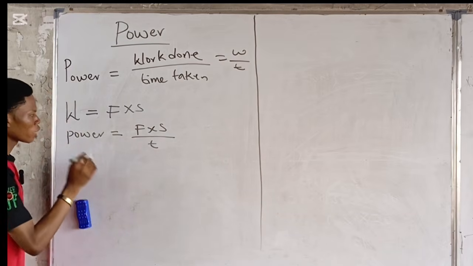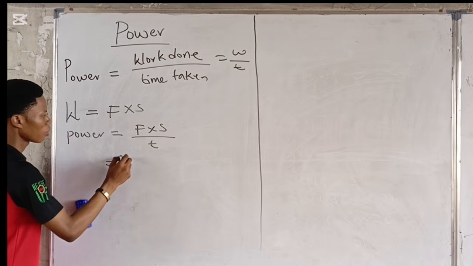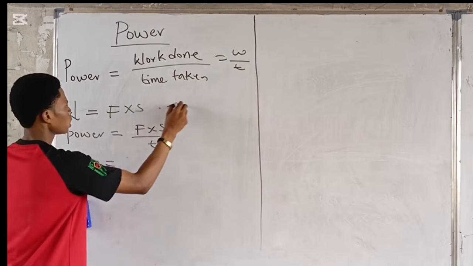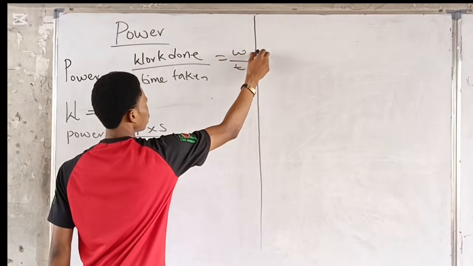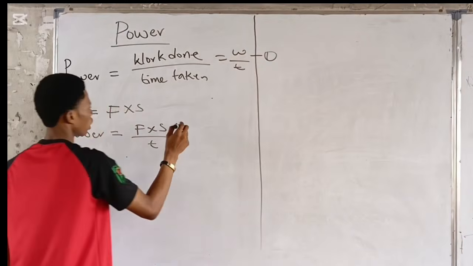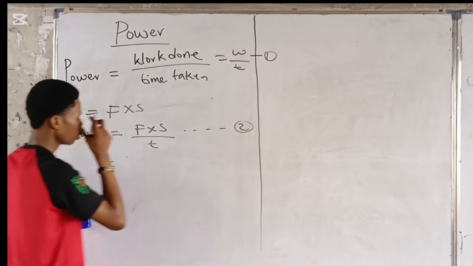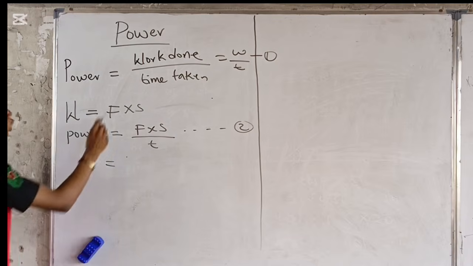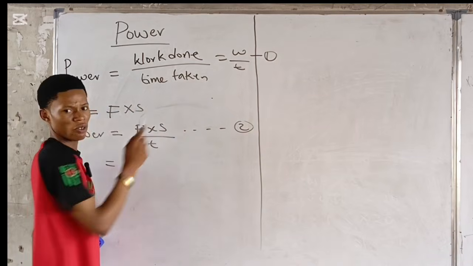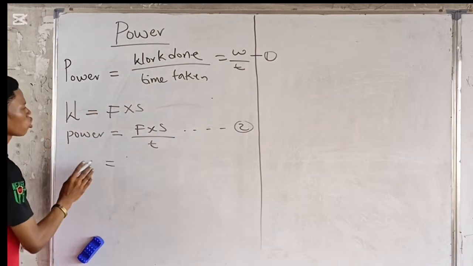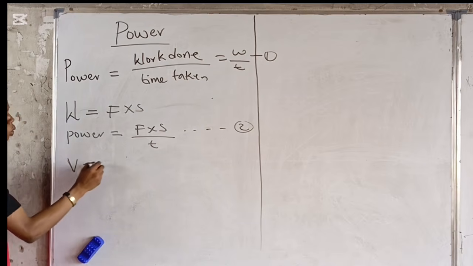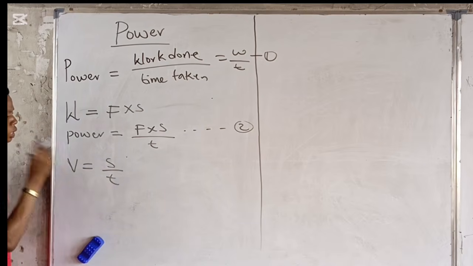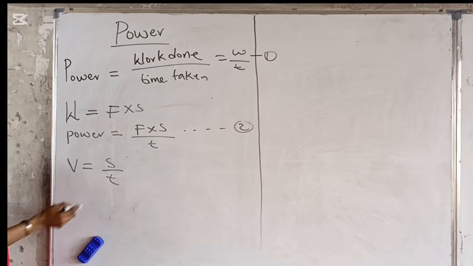Let's call the first one equation 1, and this one here equation 2, the second formula for power. So this is one formula for power, and this is another formula for power. And another one: you notice that velocity is equal to distance over time, right? That's velocity, change in distance or displacement over time.